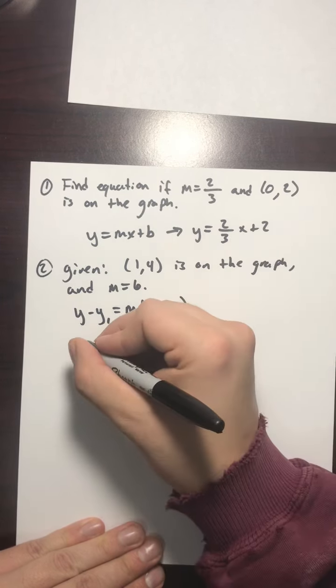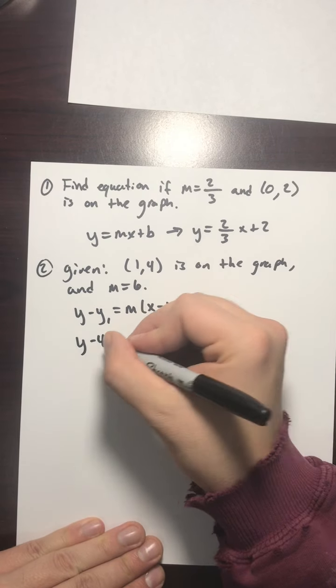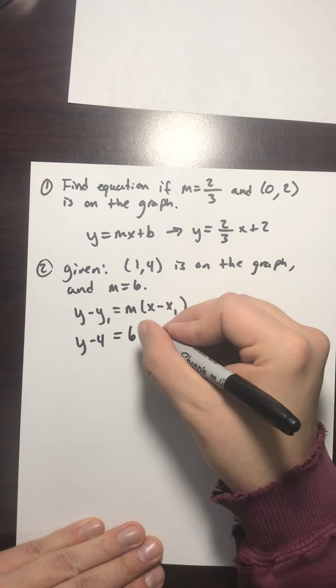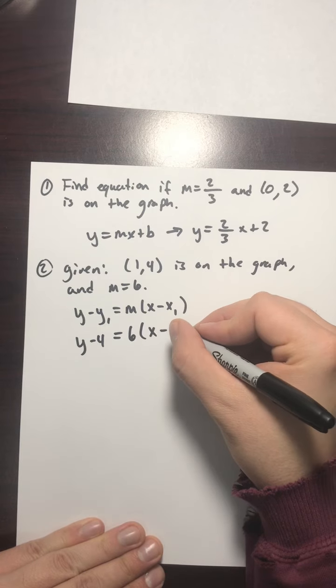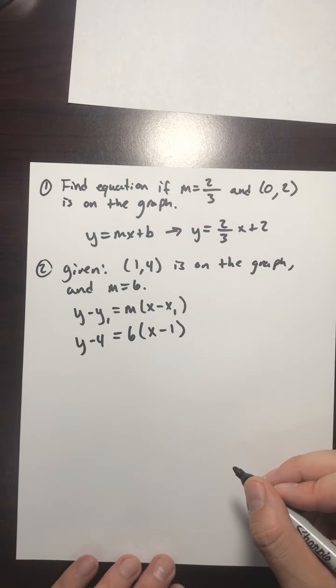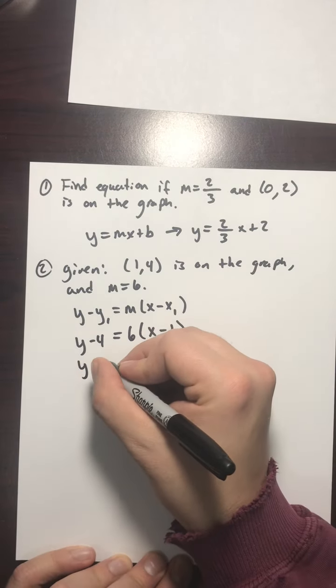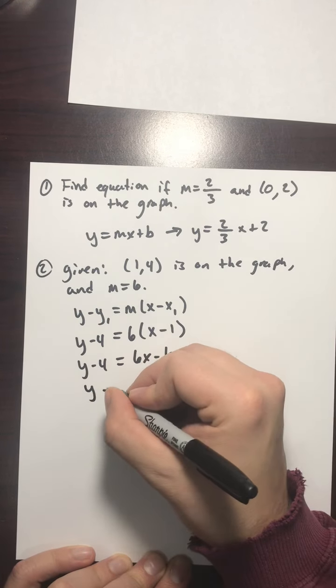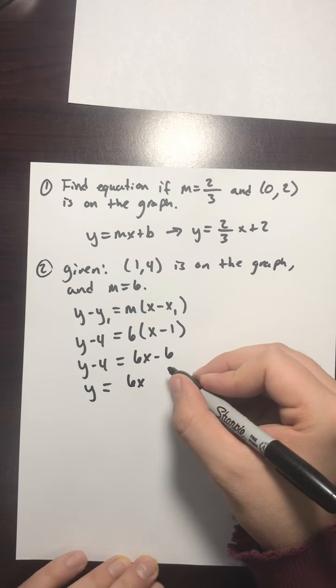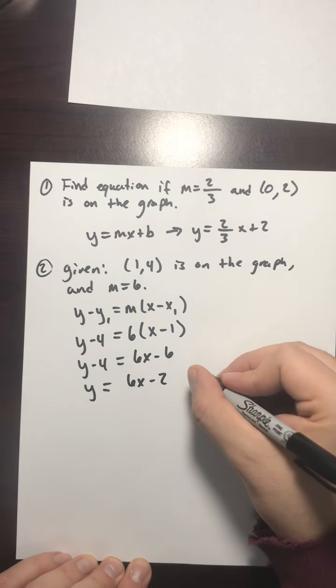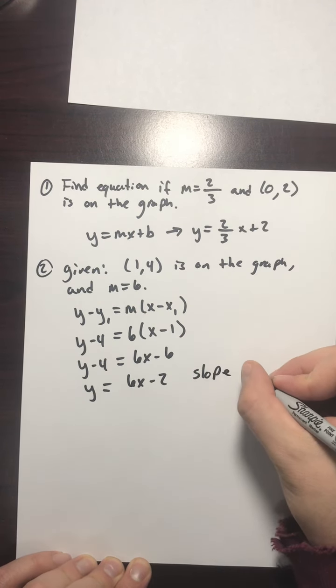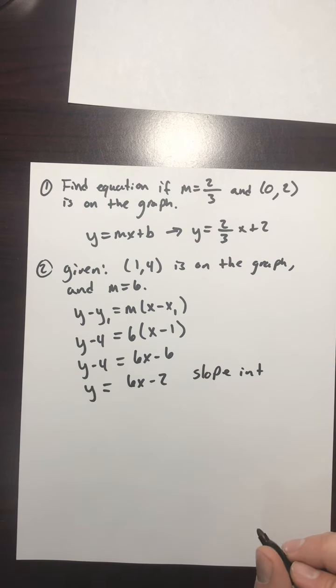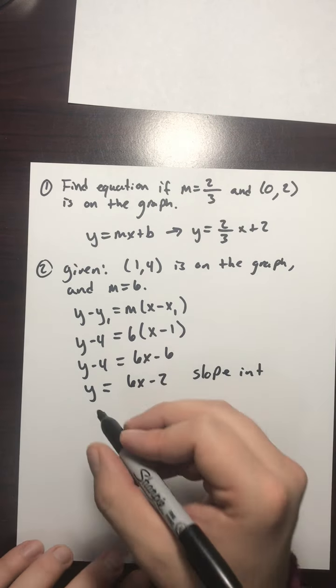That's point slope form of a line. y1 is 4, m is 6, and x1 is 1. So if we were asked to give the answer in slope-intercept, the answer would be y equals 6x minus 2.